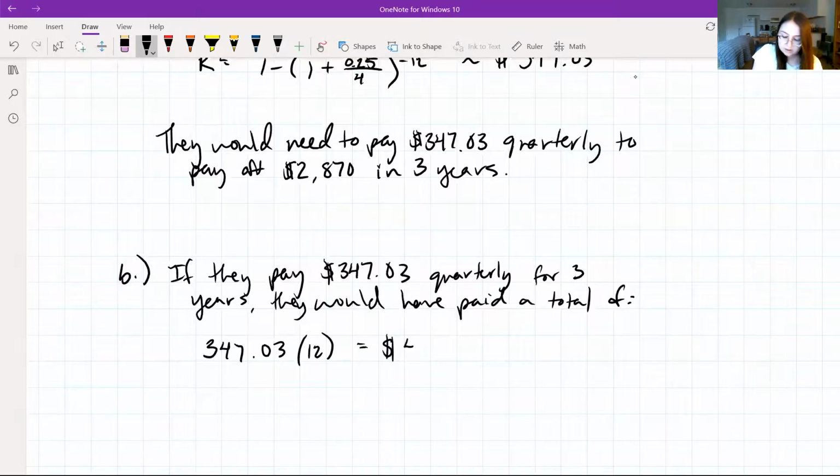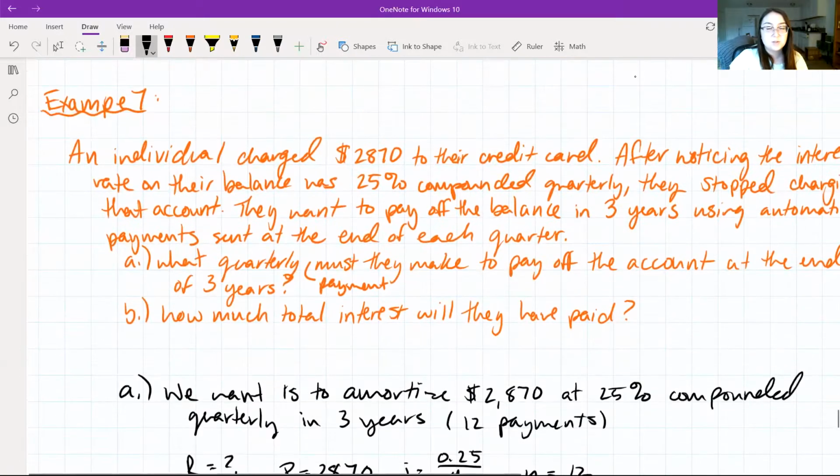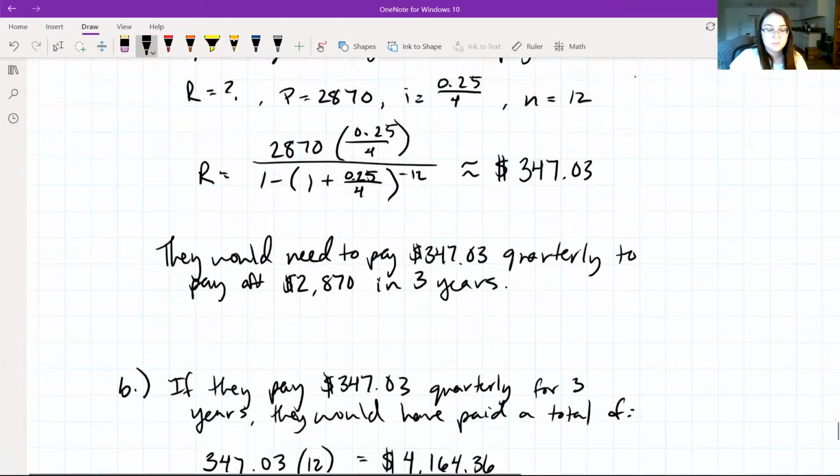And that's going to tell us that we actually paid in total $4,164.36. So in the course of 3 years, we paid $4,164.36, even though our original was just $2,870.